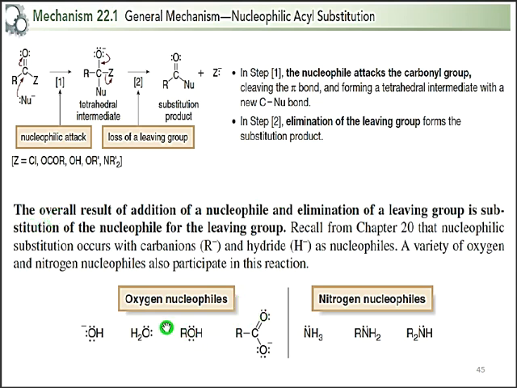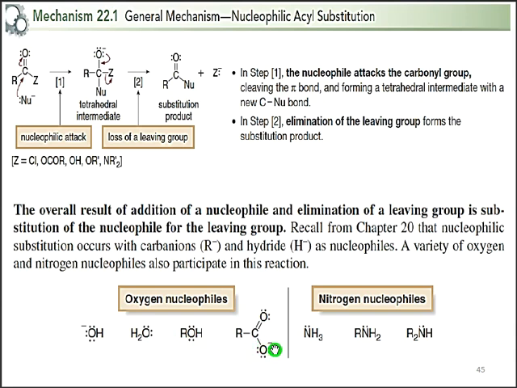I said before that we have two types of nucleophile. Maybe the nucleophile is neutral, or maybe the nucleophile has a negative charge. Look here, the hydroxide ion, OH minus, is a nucleophile with a negative charge, and look at the water and alcohol, they are neutral nucleophiles.